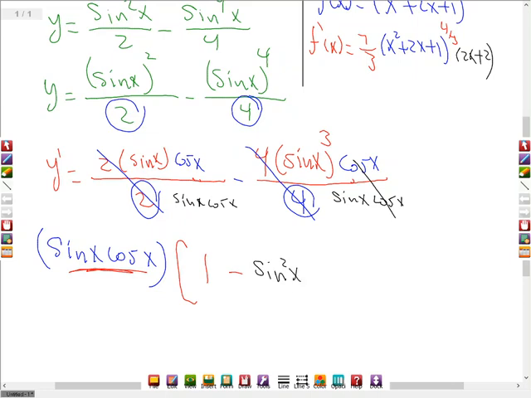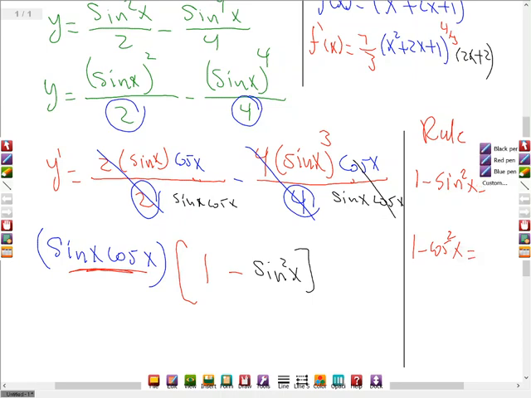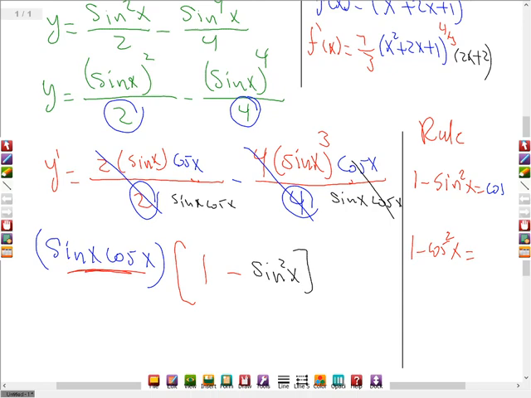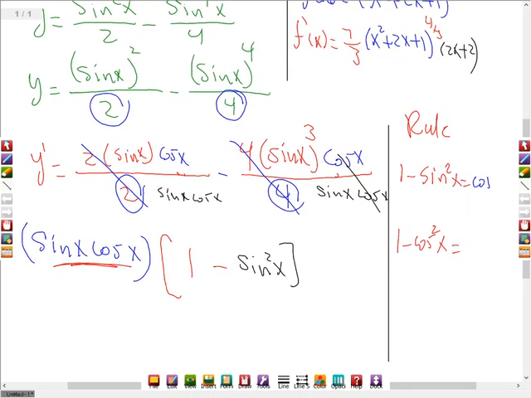Wow, this is something we know, all of us. It's another rule. I'm going to put it here. Rule. I need you to remember these rules, please. 1 minus sine squared x equals, and 1 minus cosine squared x equals. 1 minus sine squared equals cosine squared x, and 1 minus cosine squared equals sine squared, that's easy to deal with.